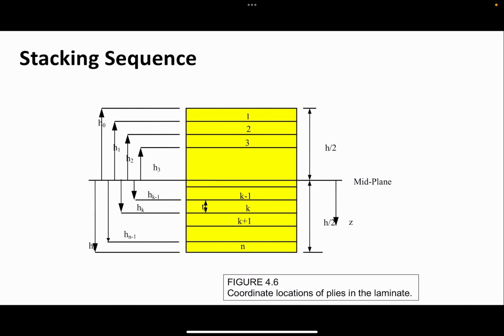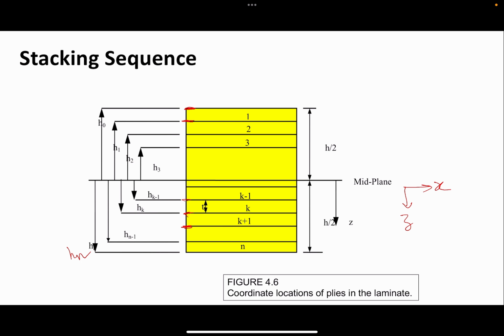When you have more plies, this is how you start counting from the mid plane. Z downward is positive, in the XZ cross section. So h naught is the first layer, and then you have h1, h2, h3, and so on. As you go downward, if you have hk, this is hk minus 1, this is hk plus 1, and the last one is hn.